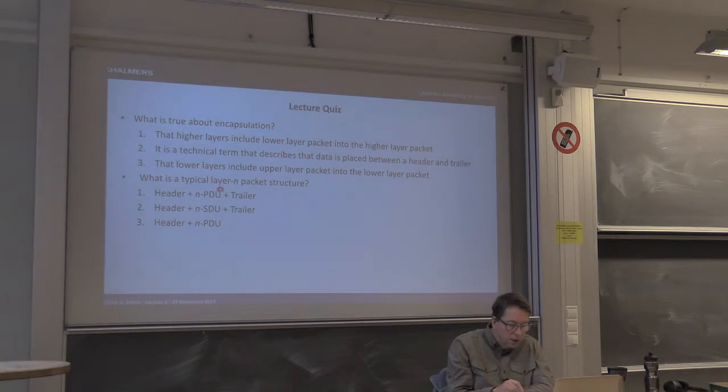What's a typical layer n packet structure? Is it header, n layer PDU and trailer? Or is it header, n SDU and trailer? Or is it header and n layer PDU?